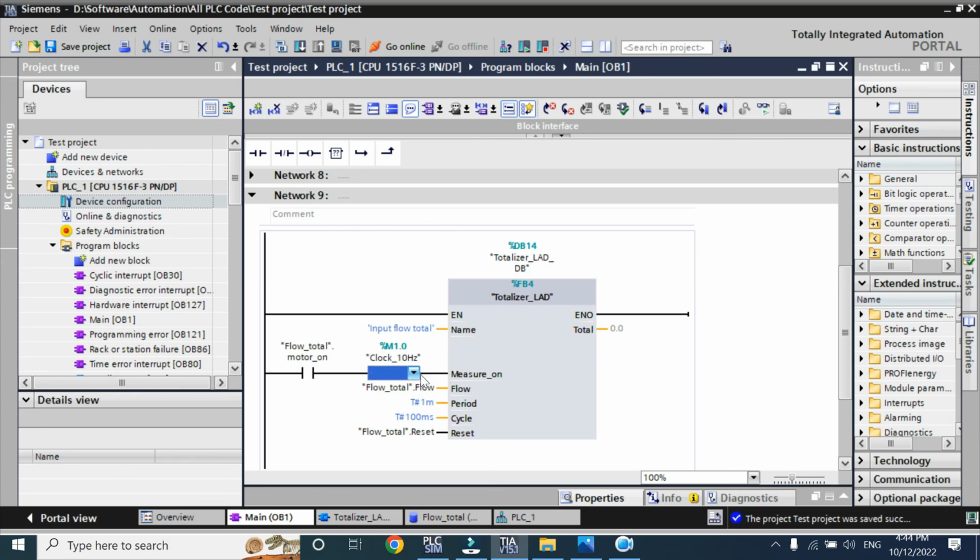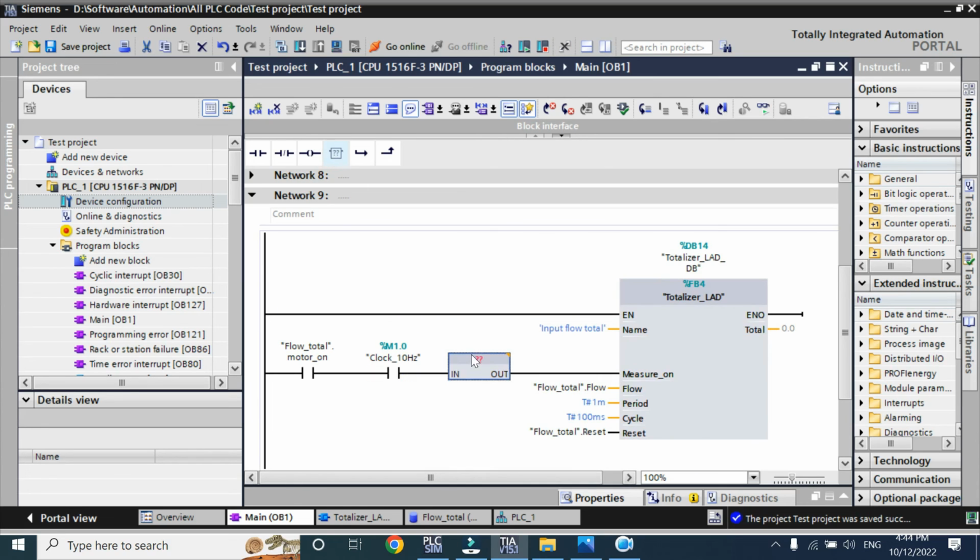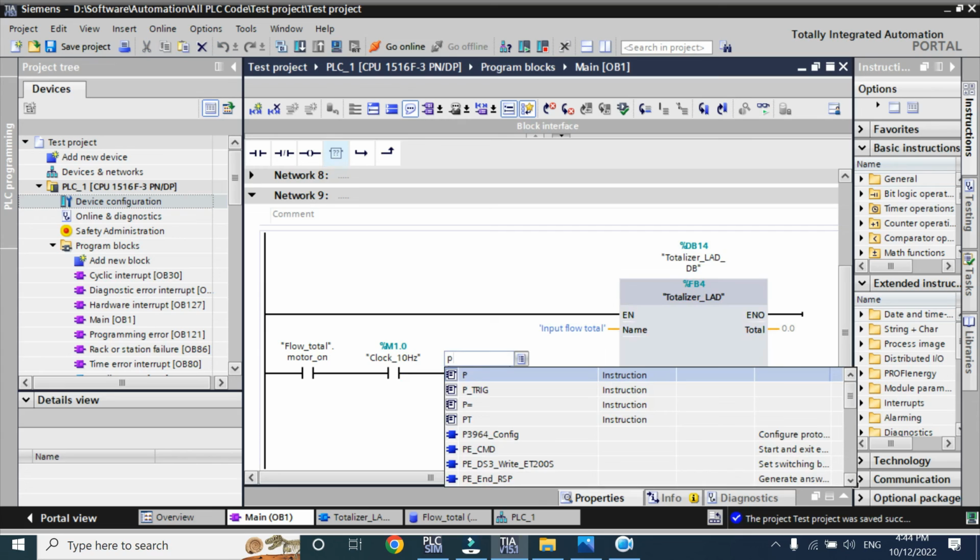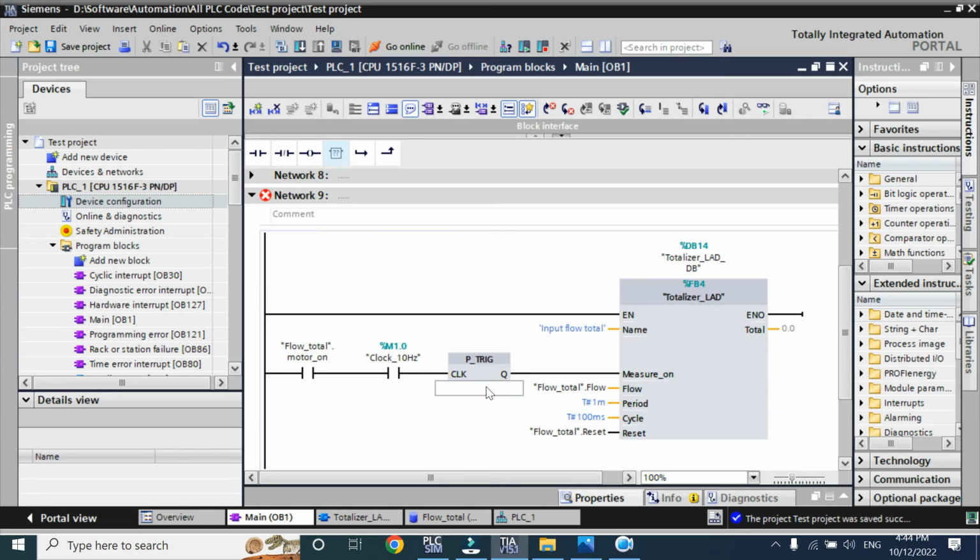So we will give a one shot logic. Okay, one shot logic: if the input comes once, it will give only one output.